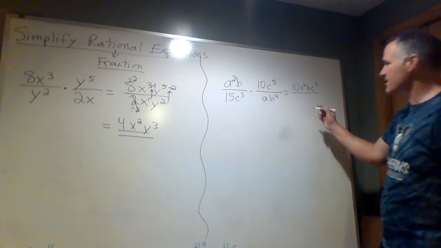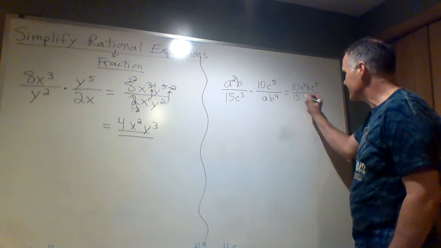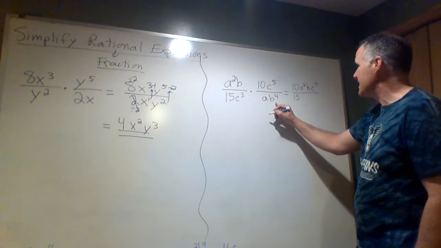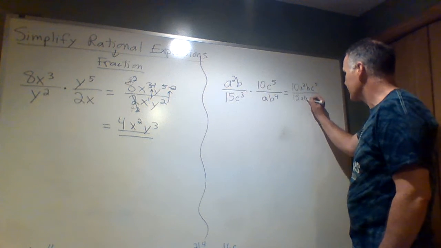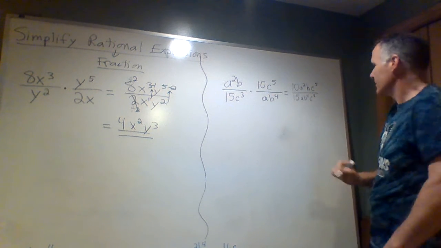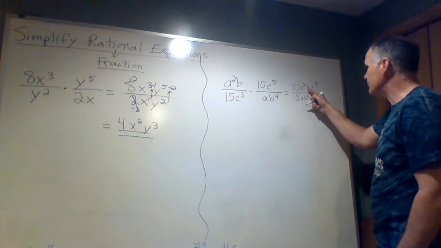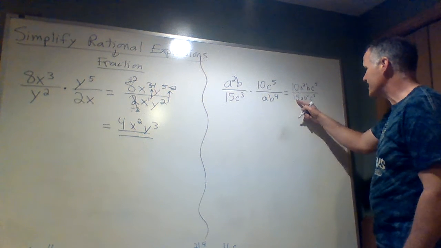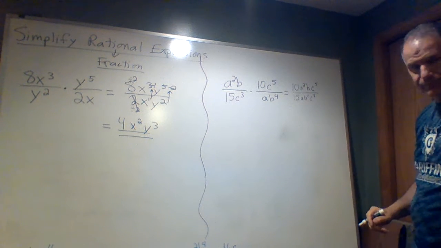The bottom is similar. 15 is first, so that's going to go first. Then ab4 is going to go next, and then that c3 is last. Does everybody see that? So 10a2bc5 on top, 15ab4c3 on the bottom.